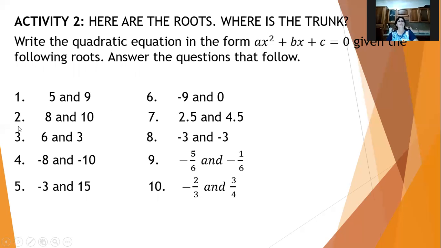The same holds true with number 2, 8 and 10. The equation is (x minus 8)(x minus 10). How about number 3? 6 and 3, (x minus 6)(x minus 3). How about number 4? Negative 8 and negative 10. It becomes (x plus 8)(x plus 10).